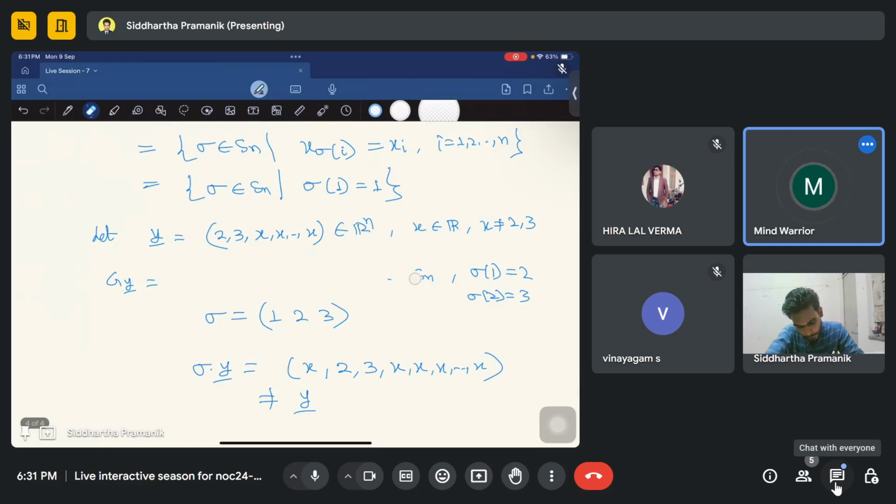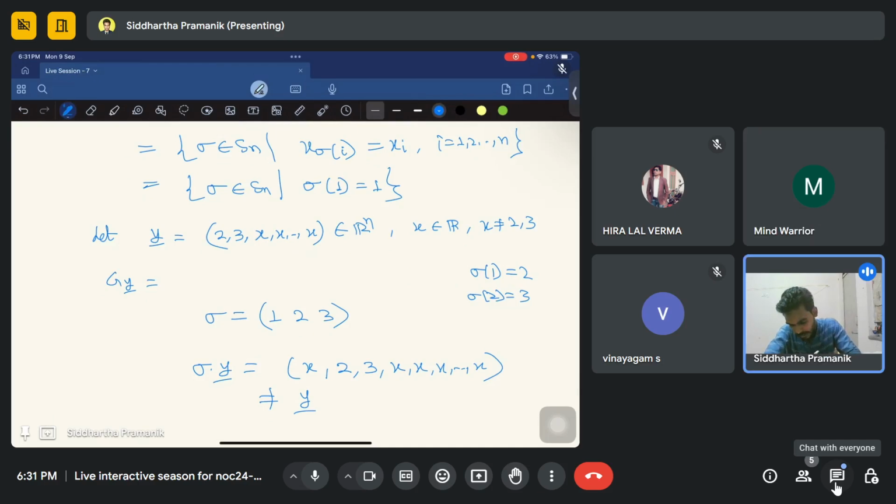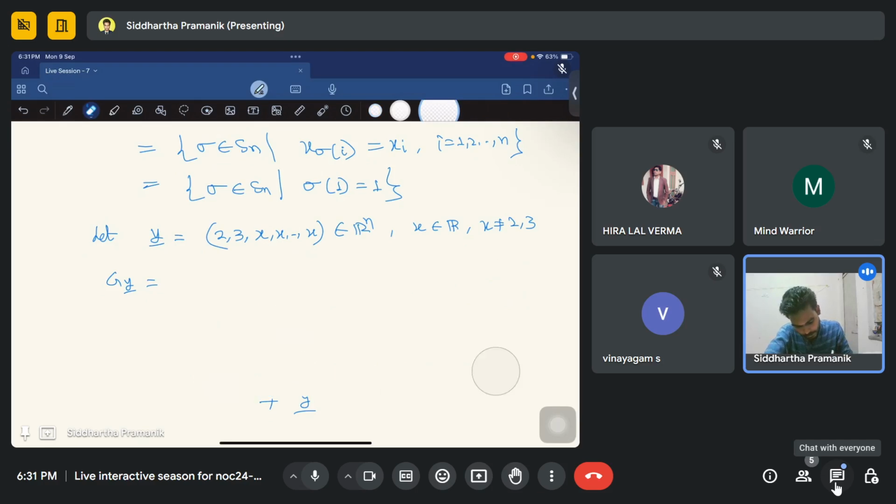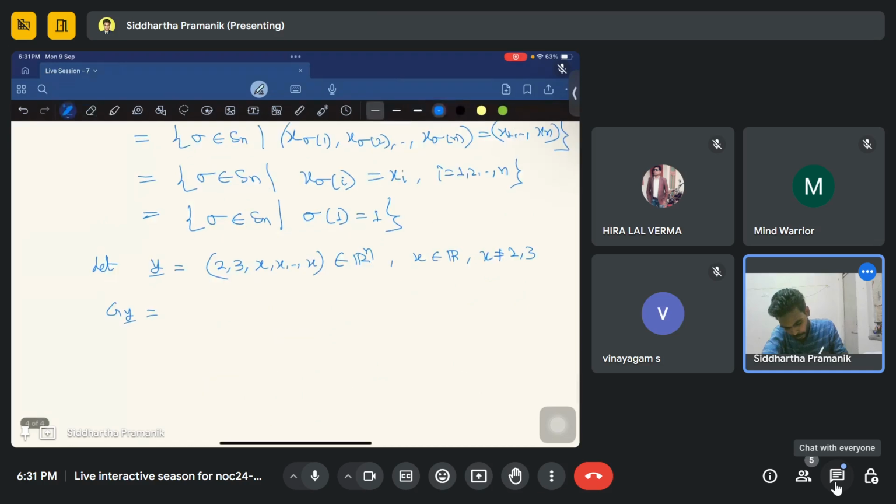Yes, sir. Then is it the one which fixes 1 and 2? Yeah, so sigma of 1 should be 1 and sigma of 2 should be 2. So that is the stabilizer in this case. So here also sigma belongs to Sn such that, in this case, we have y sigma i is the same as yi for i equals 1 to n.